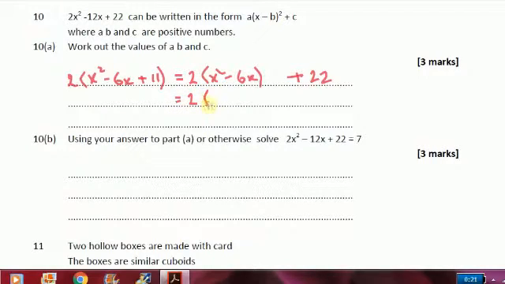I can look at this and say, this looks familiar. It looks like x minus 3 squared. But if I do x minus 3 squared, I get x squared minus 6x, but I also get a term plus 9. So I'll have to subtract 9 to get back to x squared minus 6x. Now I've still got the plus 22.